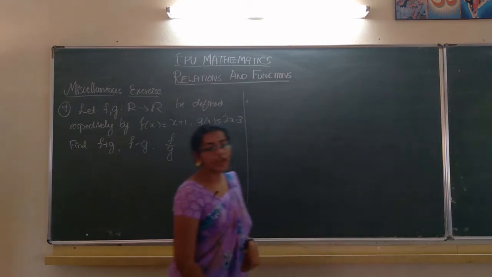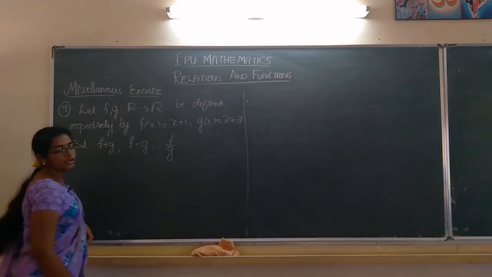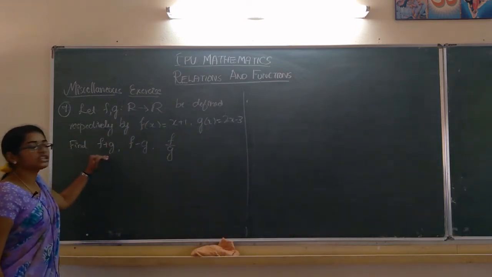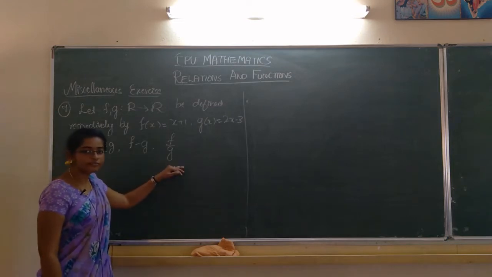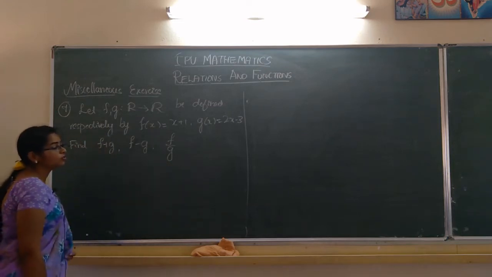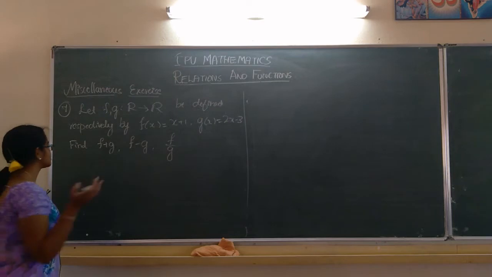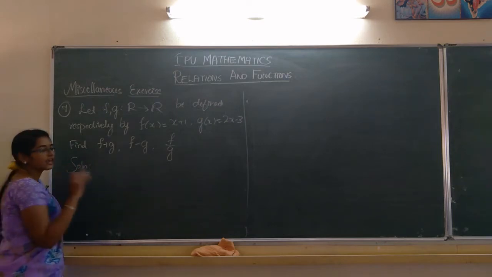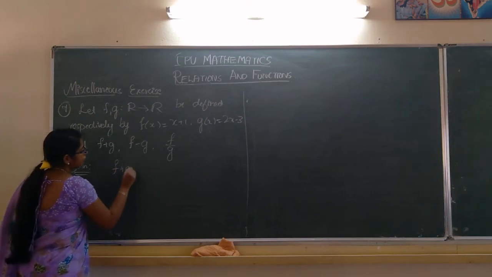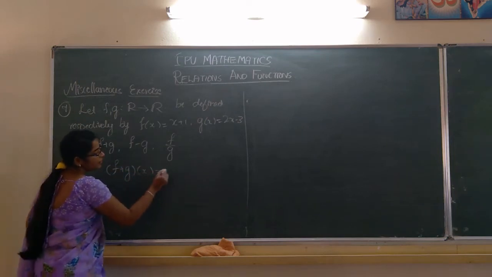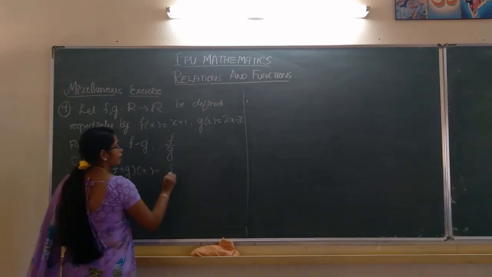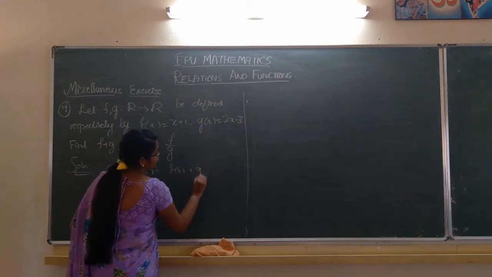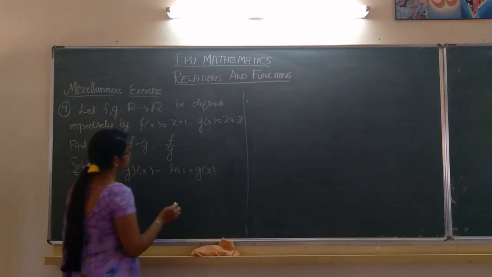We are given two functions f and g. You know how to calculate f plus g, f minus g and the quotient f by g, and you also know the multiplication of two functions. Without much delay, let us calculate. F plus g of x, by the definition, is f of x plus g of x for every x belonging to the domain.